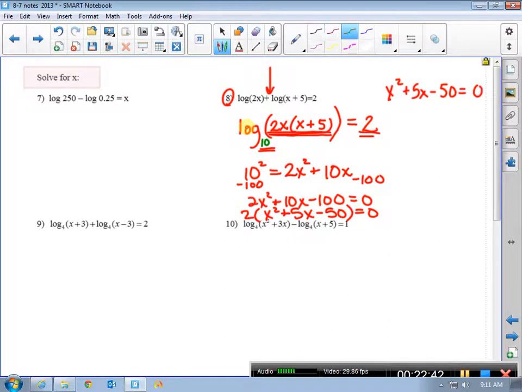Let's use the quadratic formula. X equals negative b plus and minus square root of b squared minus 4 times a times c, which is negative 50, all over 2 times a.